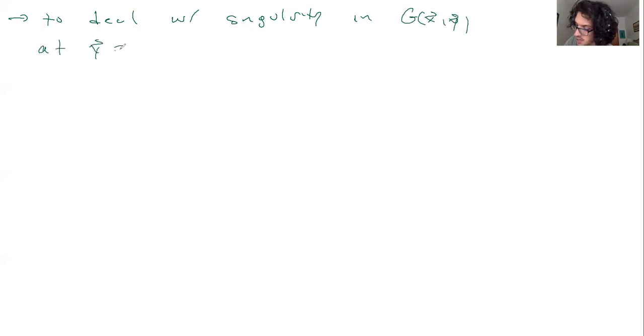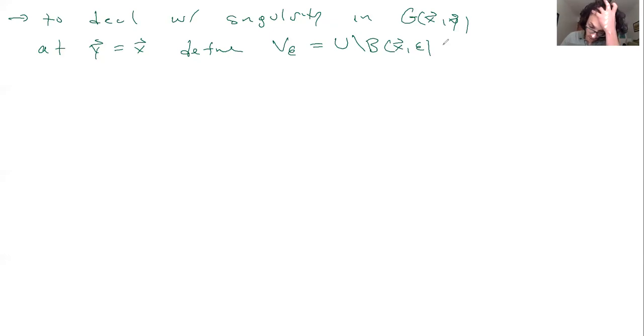So to deal with the singularity in our Green's function, G of x, y, at y equal to x, what do you think we're going to do? We're going to do what we've done before in these types of situations. We're going to cut out a ball of size epsilon around this singularity, okay?